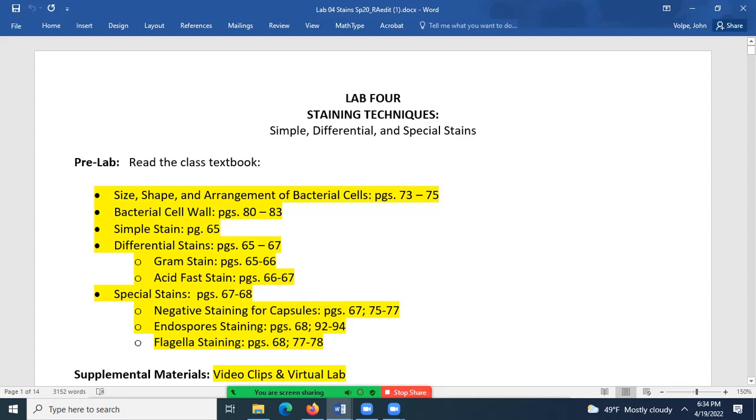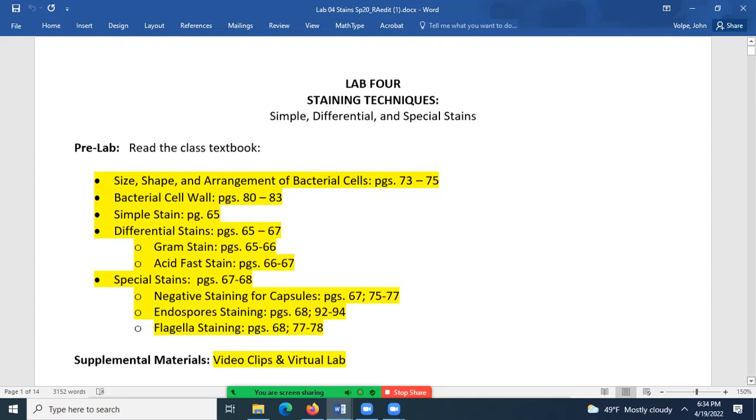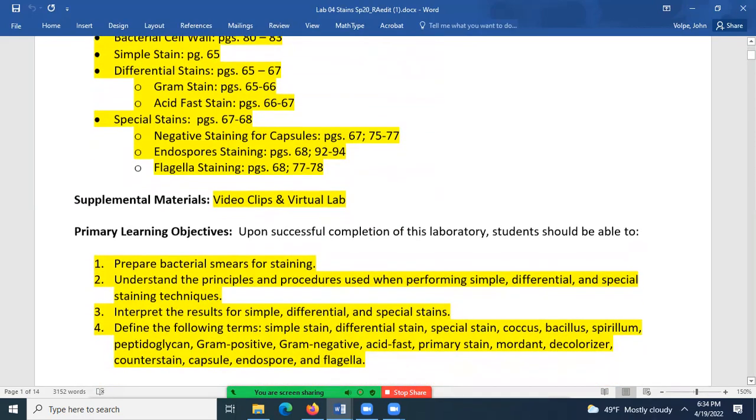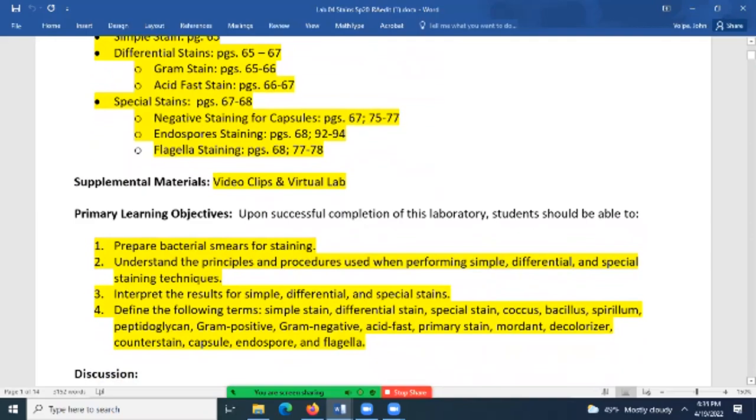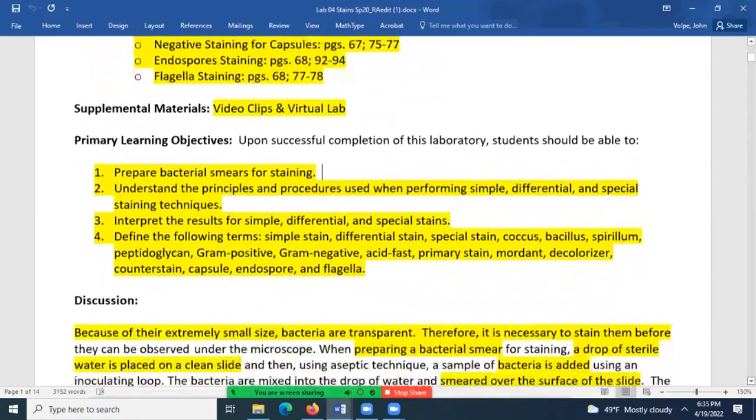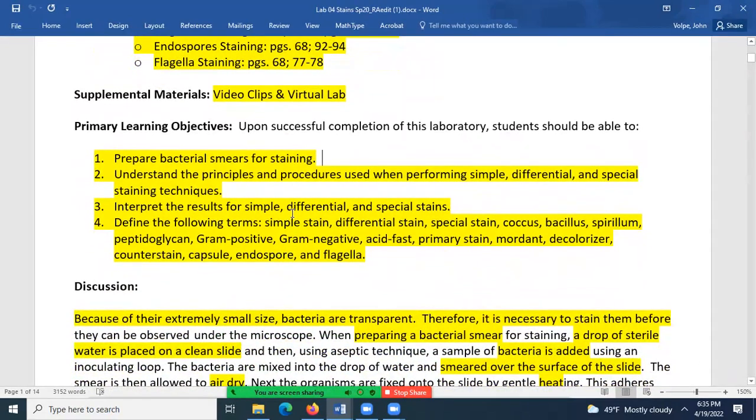There are some supplemental materials in this lab. You're going to be working with video clips, watching little movies, and we have a virtual lab today. The learning objectives: be able to prepare bacterial smears for staining. Students often don't know what I'm talking about when I'm talking about making a bacterial smear.